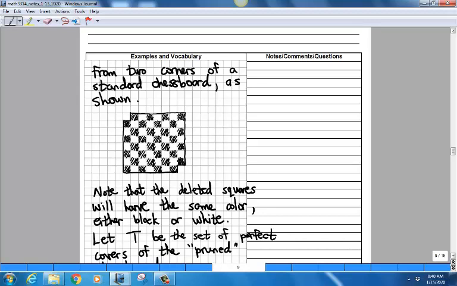If I had only cut 1 square off, then immediately we could have said this set T is empty. It has no elements in it because we would have had an odd number of squares to cover, and you can't do that with dominoes covering 2 squares. So if I'd removed 1 square anywhere in the chessboard, there's not going to be any perfect covers.